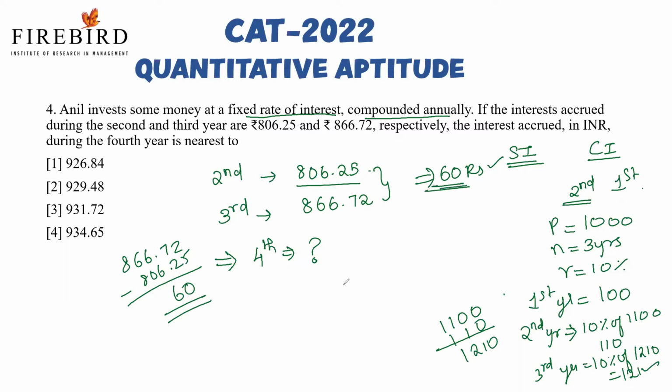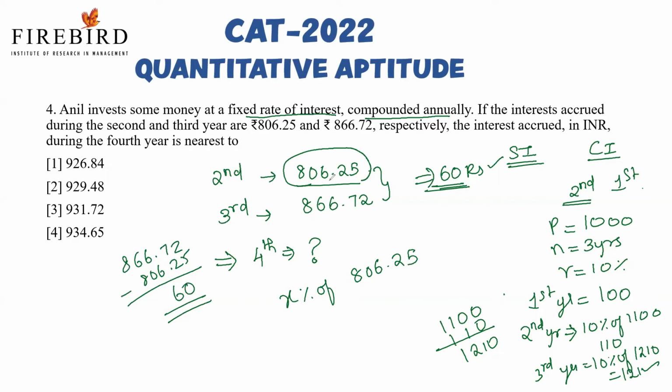This 60 rupees will be some X percentage of 806.25, because I will calculate the interest percentage on the amount which I have to pay at the end of the second year, including my principal and interest, which is 806.25.